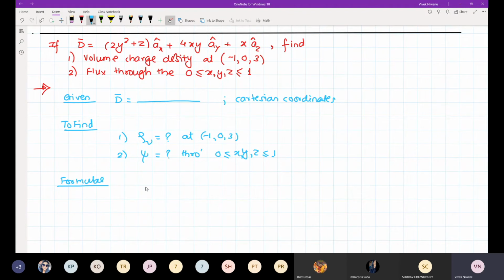A formula which talks about rho v, volume charge density, and electric flux density. So we do have a relation that rho v is expressed as del dot d bar; we saw this in the divergence theorem.